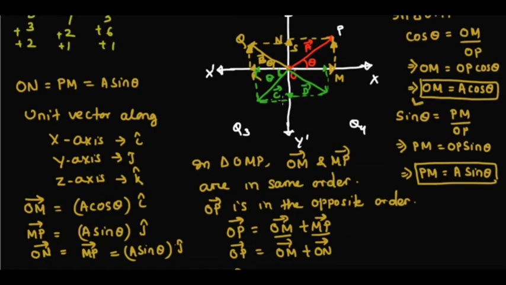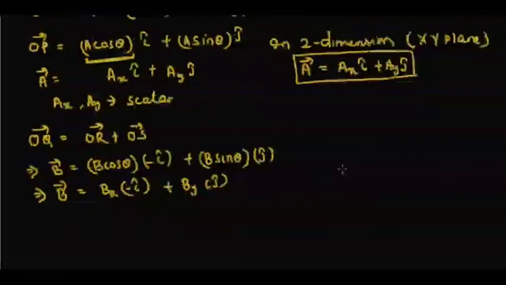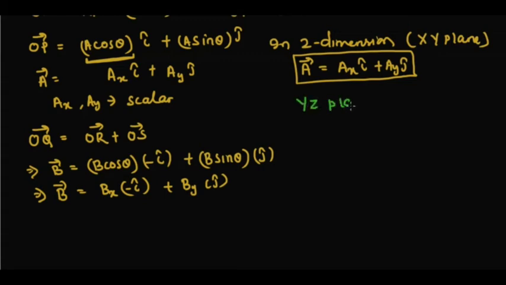Is that clear? Okay. So remember that if we have vector A, then vector A can be written as ax i cap plus ay j cap in the xy plane. Similarly, if we have the yz plane, then vector A can be written as ay j cap plus az k cap.